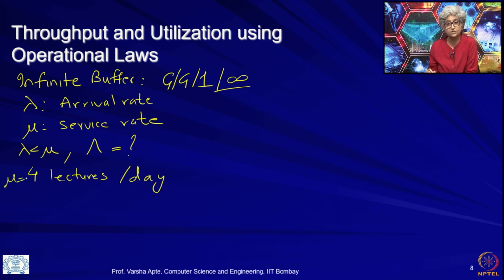But what is coming to you, if you go to a website and see how many lectures are coming there per day, is only 2 lectures per day. This is like the lambda. If you can watch 4 lectures per day but only 2 are coming per day, how many lectures can you watch every day? Obviously, you can watch 2 lectures every day.